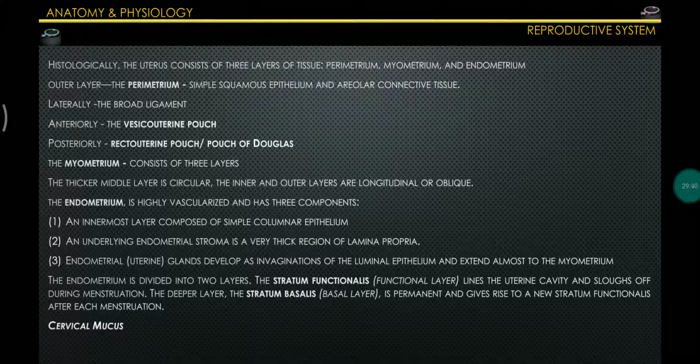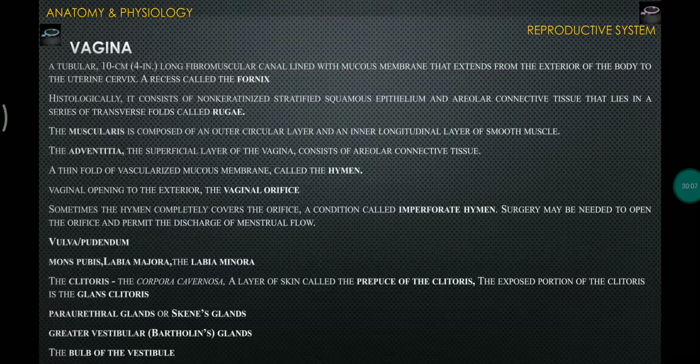The stratum functionalis is the functional layer which is sloughed off during menstruation, and the deeper layer is called the stratum basalis. The stratum basalis is a permanent and fixed layer which helps in the regeneration of the stratum functionalis.